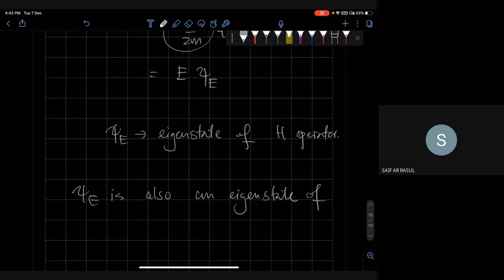Momentum? Okay, anybody else? Any other guesses? Right, it's the momentum operator.